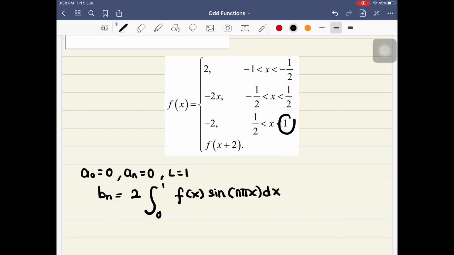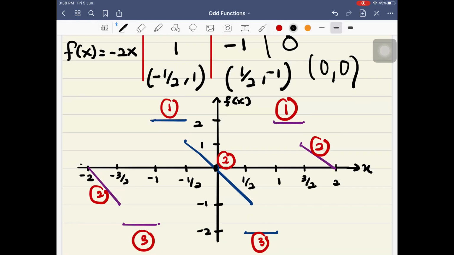Okay, so if you take a look at the second function here, for the interval for the second function, you have -half and also half. So in between this value, you will have 0 here. Okay, since it is an odd function, so you can start to integrate from 0 until L because it is symmetrical. Okay, so if you take a look here, 0 here is in the second function.